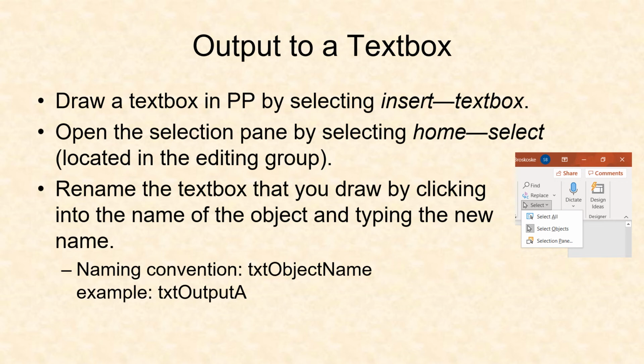A text box will start with the small letters txt, and then put the name that you create for this object. So for example, if I'm going to have several text boxes that I'm going to use to output some information to a learner, I might say txtOutputA or Output1, something like that, so that each object will have a unique name, and then I can refer to that object in the coding.